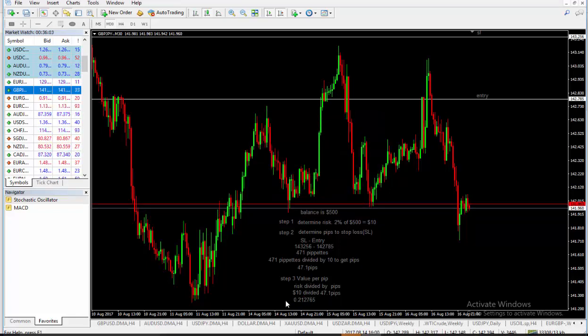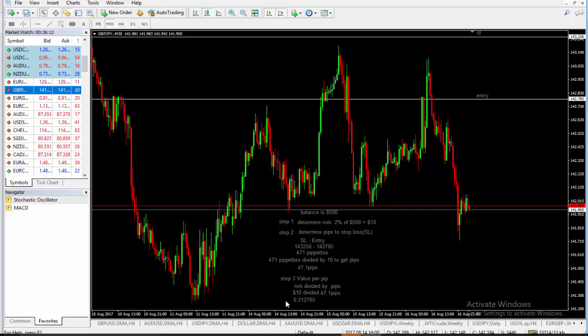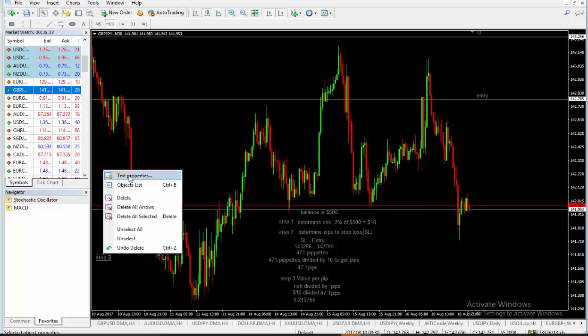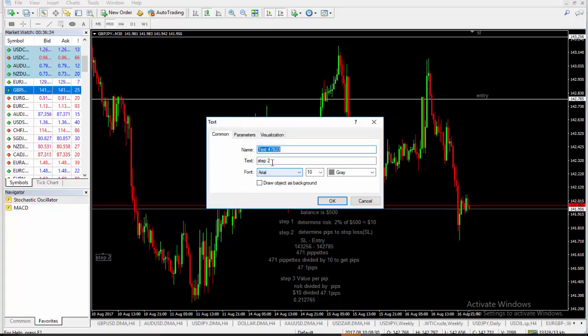Now that we have our value per pip, the next step is to determine our lot size. This is the last step, step 4. It's not so difficult. The last step is the most simple step.